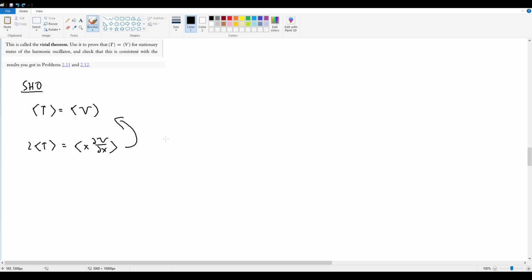So immediately that should make you think, okay, I know that the potential energy of a simple harmonic oscillator is 1/2 k x squared, or 1/2 m omega squared x squared. It doesn't really matter which one you use. I like to use this one. Then in that case, I know that 2T is equal to x d/dx of 1/2 m omega squared x squared.